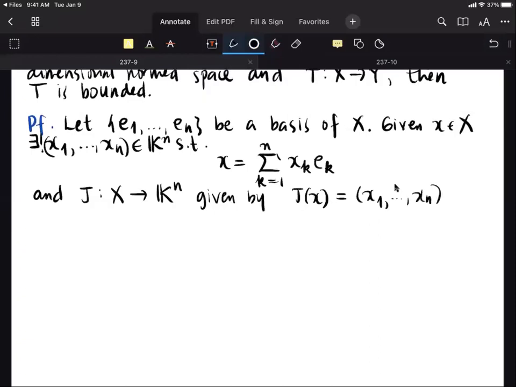And we know that this is bijective, and we have seen this in the previous lectures. In fact, injectivity follows from the fact that your basis is linearly independent, and it is surjective because it spans the whole vector space.